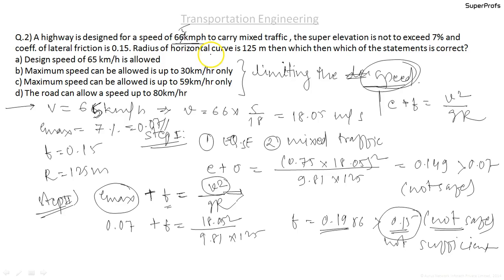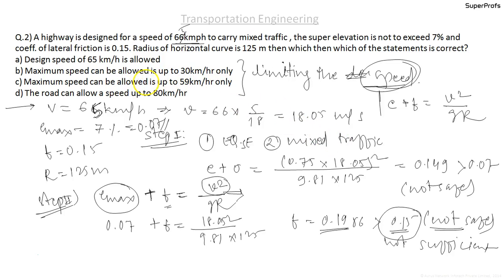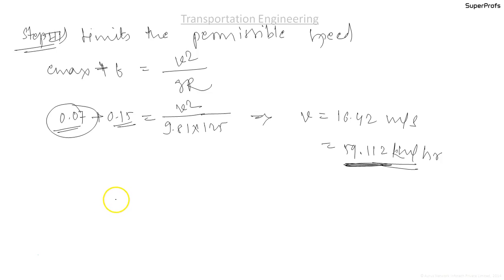But we have to now limit our velocity to 59.112 km per hour. So option C is the appropriate choice, that the maximum speed that can be allowed is up to 59 kilometers per hour. So guys, you should be very clear about the design of super elevation.